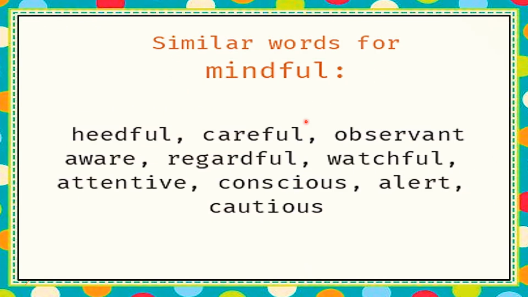Next, the fourth word is mindfulness. So these are the similar words for mindful: heedful, careful, observant, aware, regardful, watchful, attentive, conscious, alert, and cautious. So when you say mindful, class, it is a type of person that is very observant and very careful because he wants to be aware of what is happening in his or her surroundings.